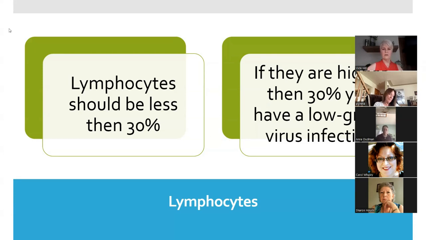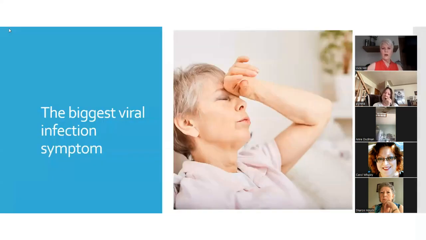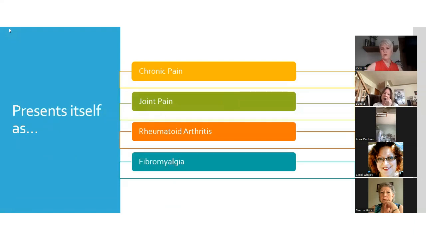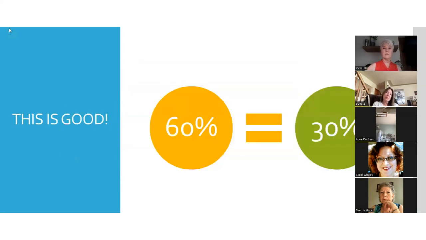So it does it all. But again, anything greater than 30%. What's interesting is the biggest problems with viral infections are chronic pain, joint pain, rheumatoid arthritis, autoimmune diseases. These all come with the high viral counts, that low-grade viral infection.